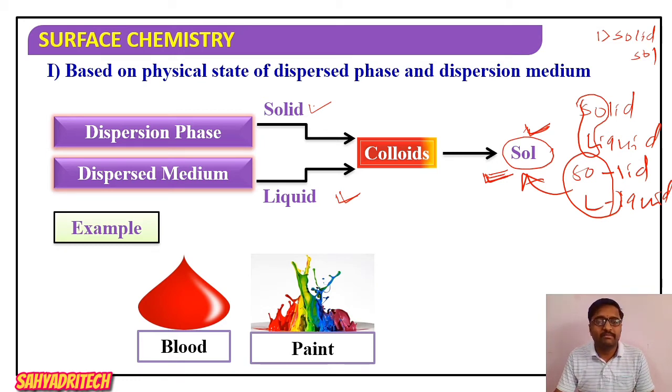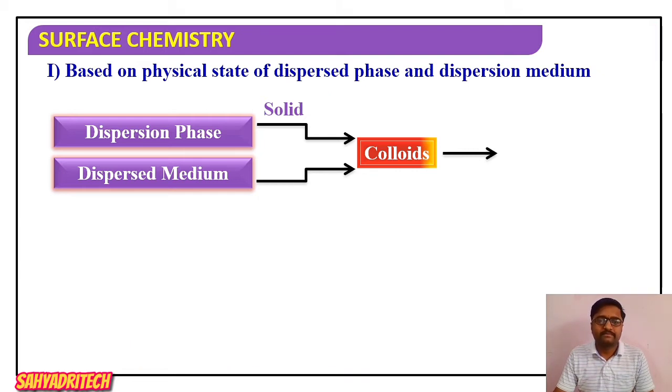Even if you consider paints, all paints are examples of a sol type of colloidal system. So here the dispersed phase is solid and the dispersion medium is liquid. Well, now the next one. So now we got two types.